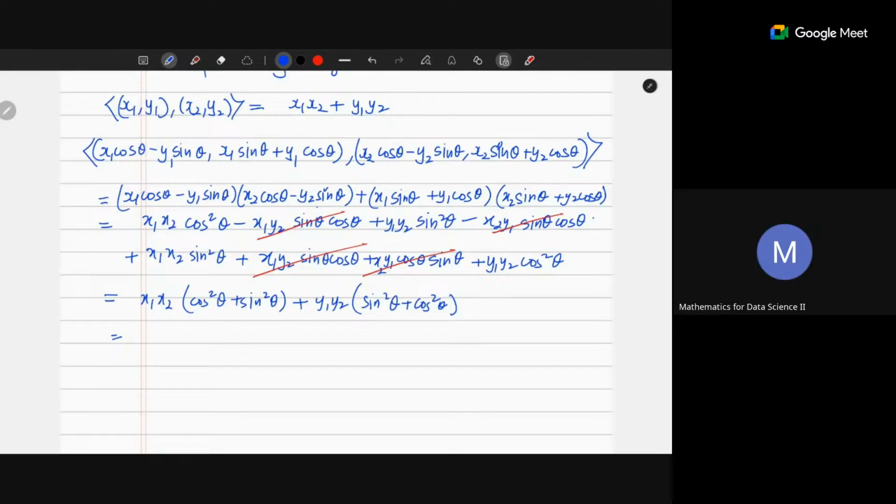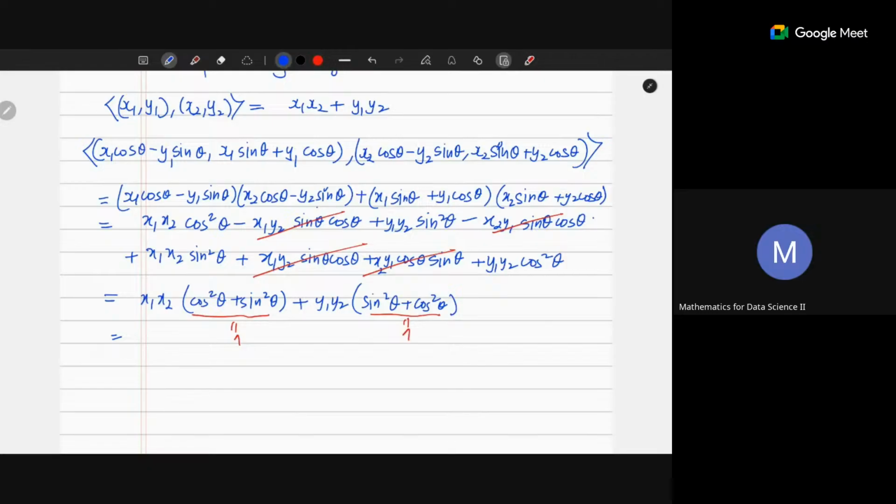Now, what is the value of cos square theta plus sin square theta? Anyone know this identity? The identity is that this is equal to 1. So the result is x1 x2 plus y1 y2, the usual dot product.